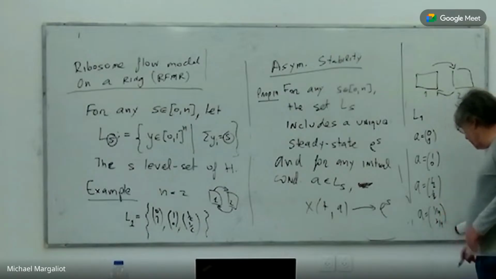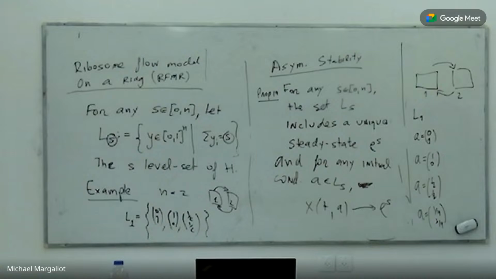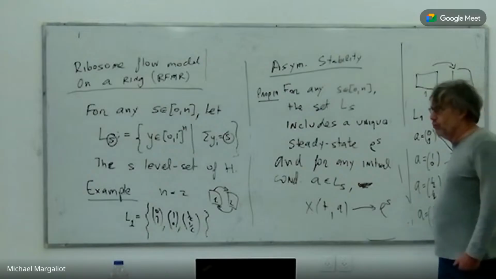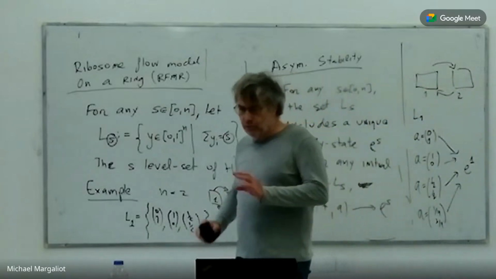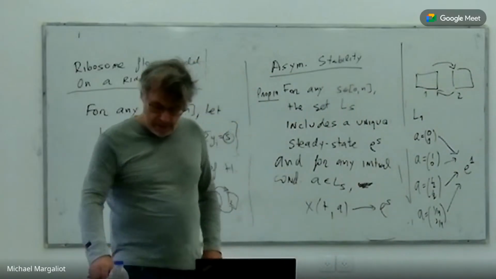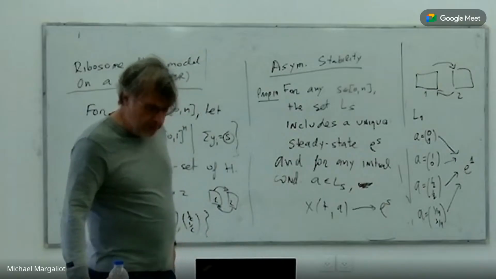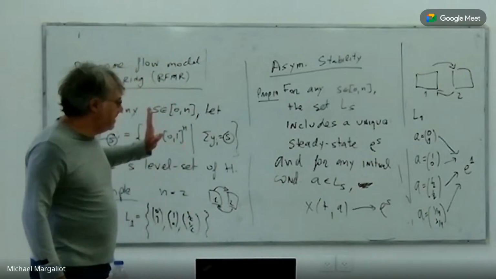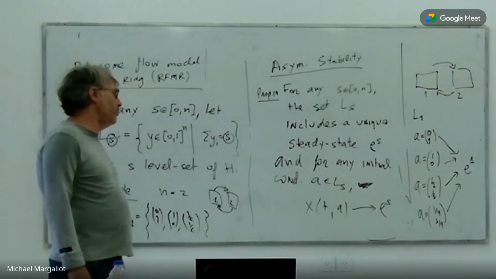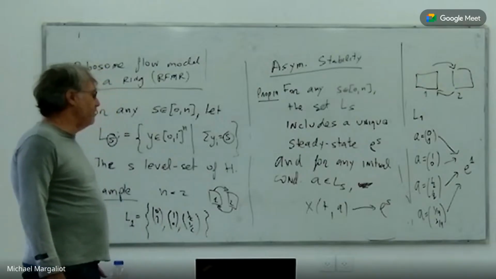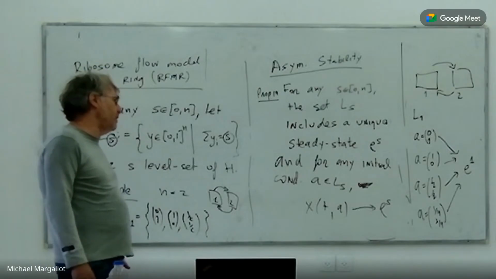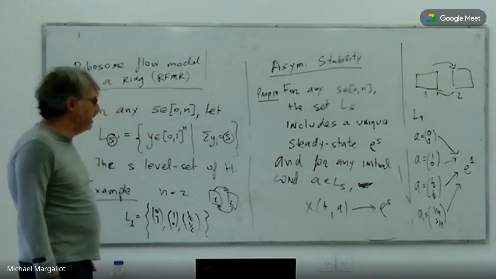All these initial configurations correspond to the situation where the total initial density is 1. And from all these initial configurations, I will converge to some unique equilibrium called E1. When I look at all the initial configurations that belong to L1, and I simulate them and consider what happens, they will all converge to an equilibrium that I denote by E1.